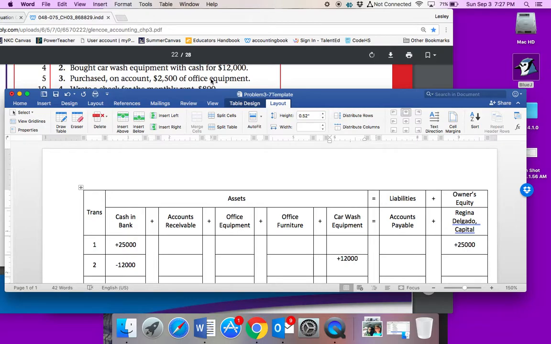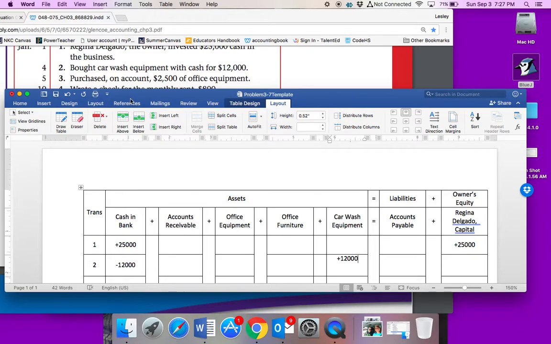Okay, the third transaction, purchased on account $2,500 of office equipment. Okay, another key phrase in your transactions that you're going to see throughout this entire course is on account. Okay, on account means that you are either going to be dealing with accounts payable or accounts receivable, because that means something was done on credit and is going to be paid for later.